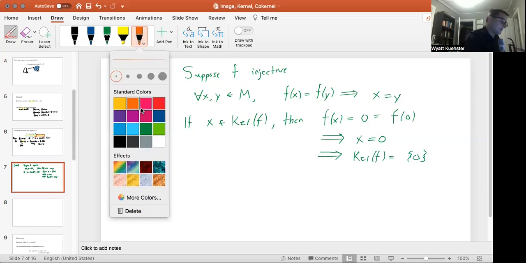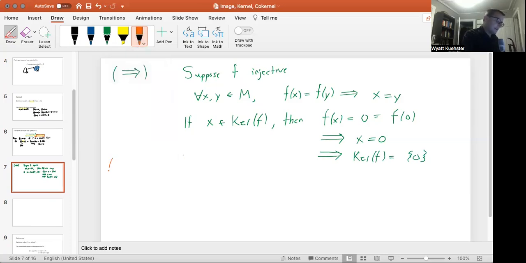And then conversely, now let's suppose that the kernel of f equals 0.